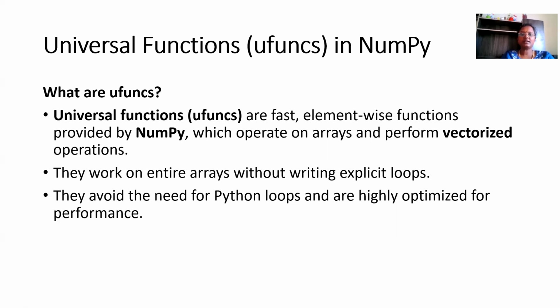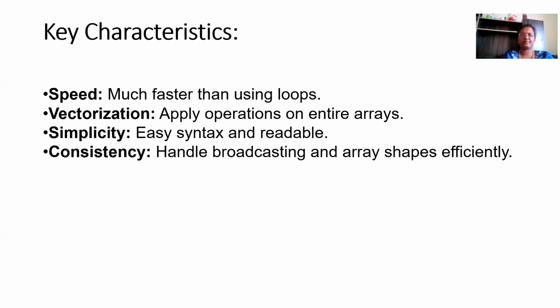So instead of working on a single element, the universal function is applied on entire arrays without writing explicit loops. That avoids the need for Python loops and is highly optimized for performance.